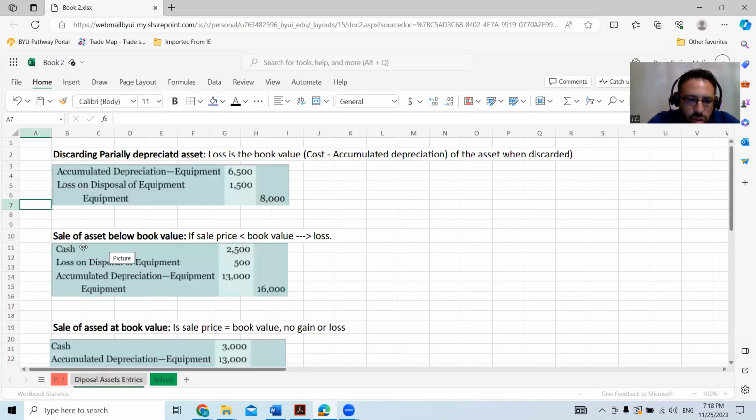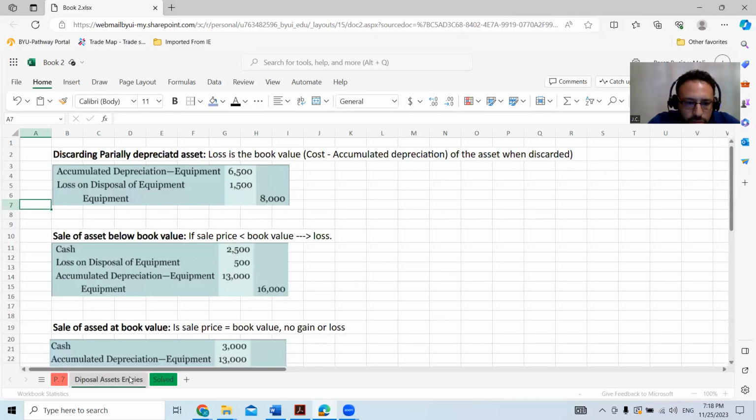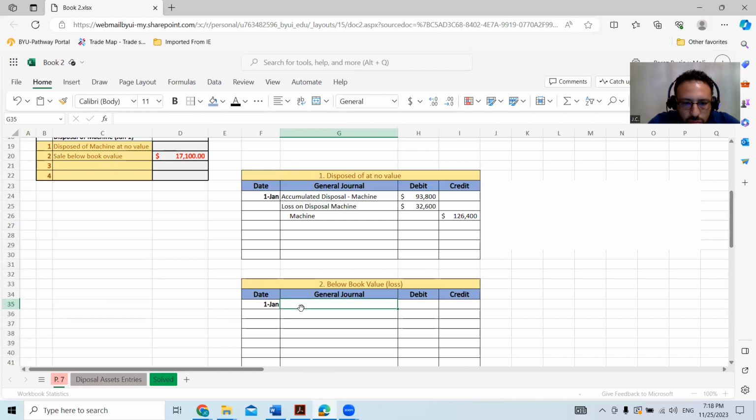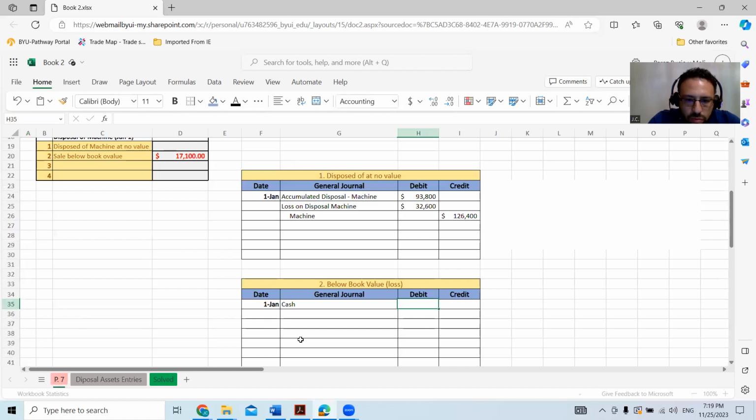We go to our image here, and just plug in the values. Cash, we debit our cash for whatever we sold it for.